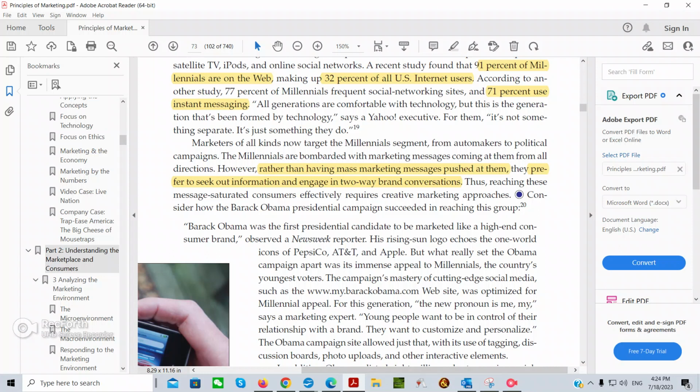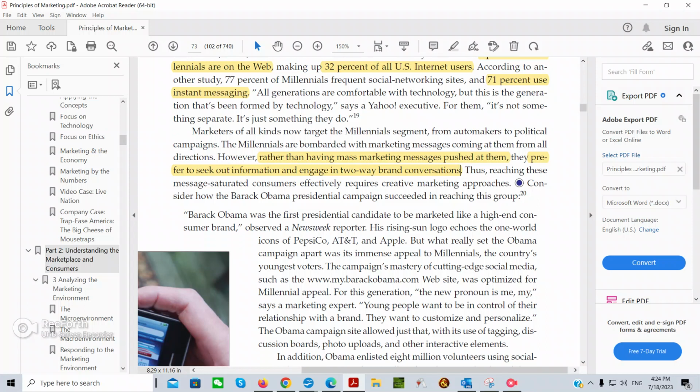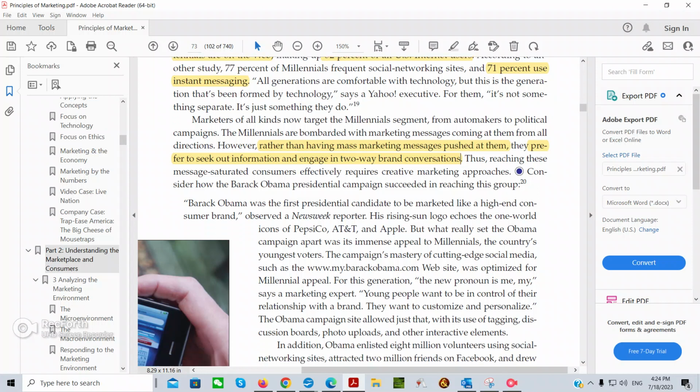For this generation, quote, the new pronoun is me, my, says a marketing expert. Quote, young people want to be in control of their relationship with the brand. They want to customize and personalize, unquote.